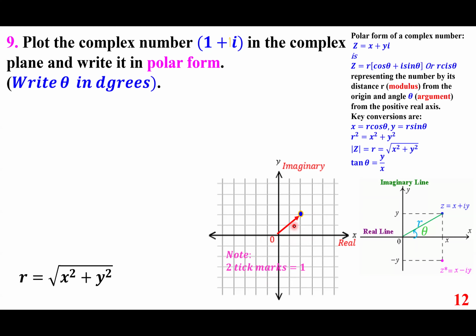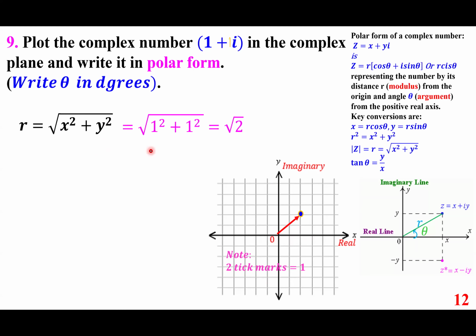We know r is the square root of x squared plus y squared, which makes it 1 squared plus 1 squared, or simply the square root of 2. Tan theta is y over x, that means 1 over 1, which makes theta pi over 4, 45 degrees. So we have r equal to the square root of 2, and theta is 45 degrees, or pi over 4.